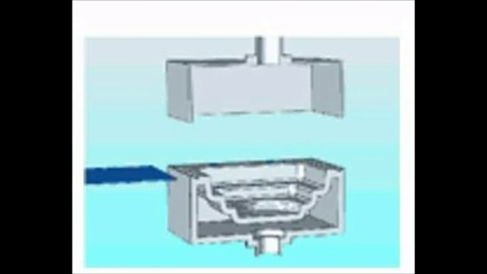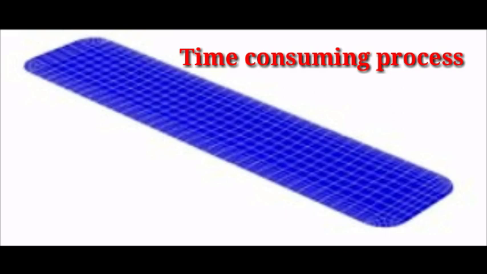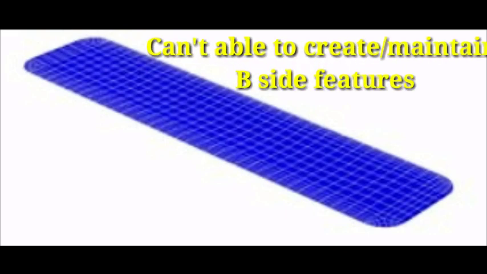It needs a lot of finishing work, that means it is time consuming. The polymer is heated twice. There is a limited range of shapes available. We can't create complex shapes in the thermoforming process, like B-side features such as ribs and undercuts. Such complex shapes we can't create in the thermoforming process.